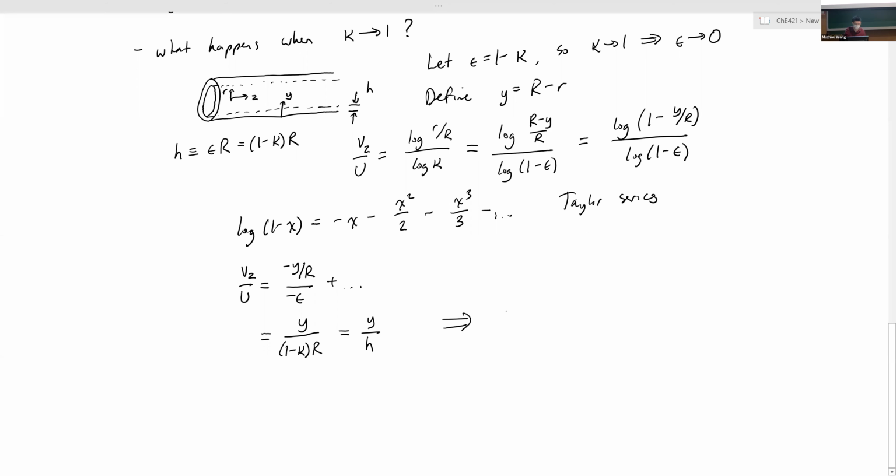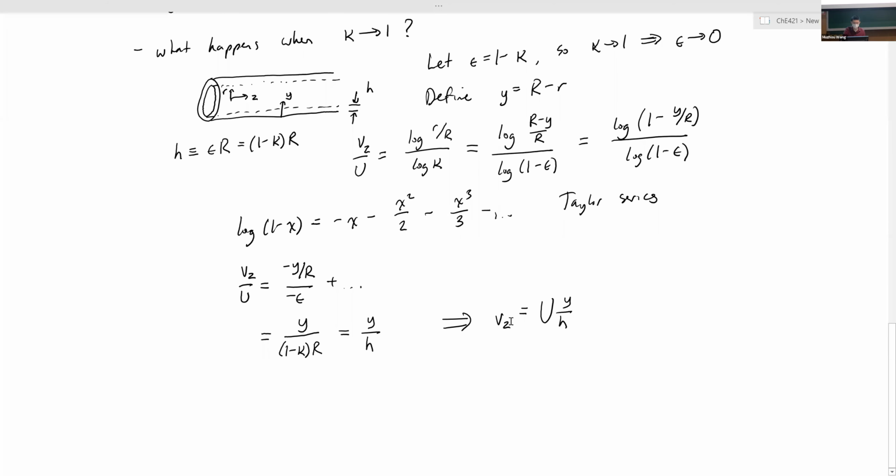To make it even more familiar for you guys, this flow profile looks like this. Does that look familiar? We haven't explicitly covered this flow profile in class, but we've referenced it a couple of times, right? What do you guys think this corresponds to? This is just a linear flow profile, right?